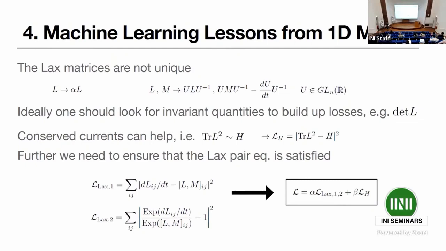So this is not such a trivial problem, because the Lax matrices are not unique. They are not guaranteed to be there. You have to really look for them. And there are many symmetries involved in this problem. So for instance, you can rescale L by a coefficient, and then this is also a Lax pair. Or you can take a known Lax pair L and M, apply a GL(N, R) transformation, and then we get a new Lax pair system for these guys.